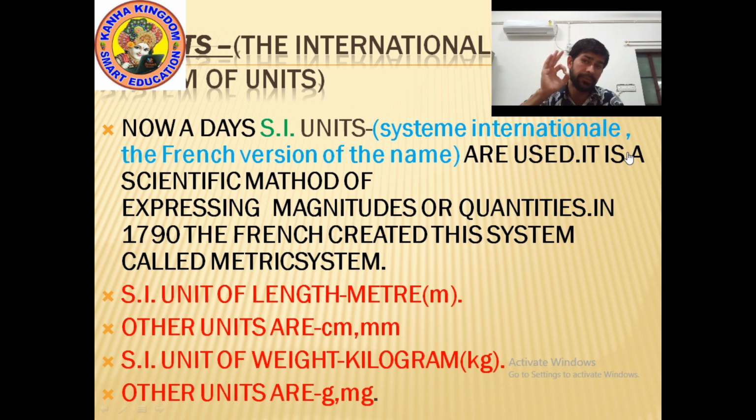In 1790, the French created this system, called the metric system, but now it is known as SI unit, International System of Units. In the French language, the name is Système Internationale.